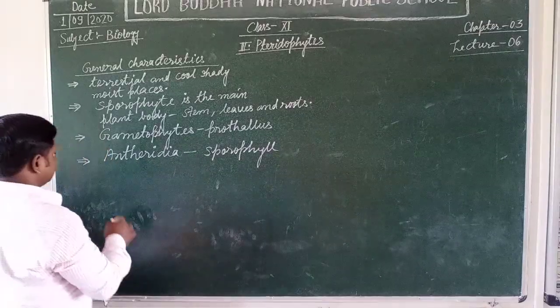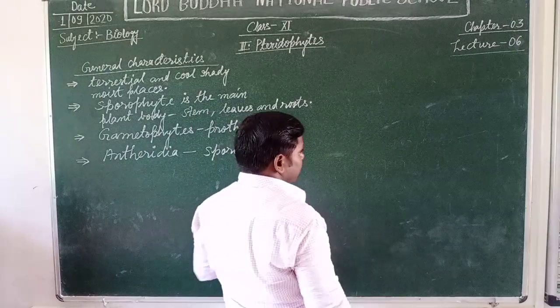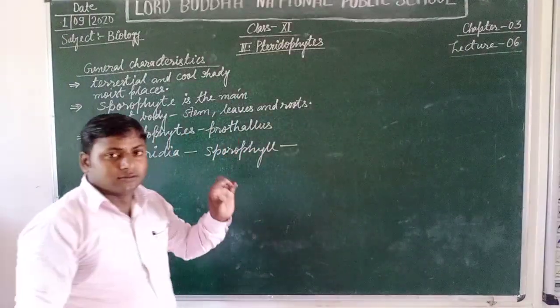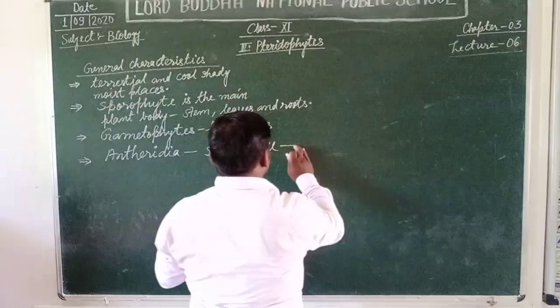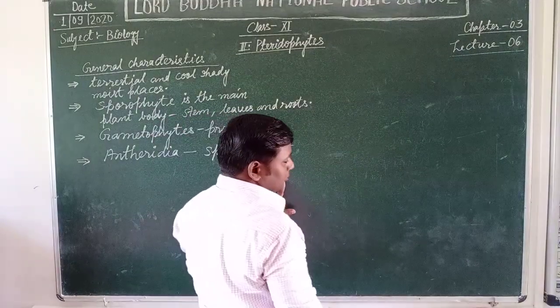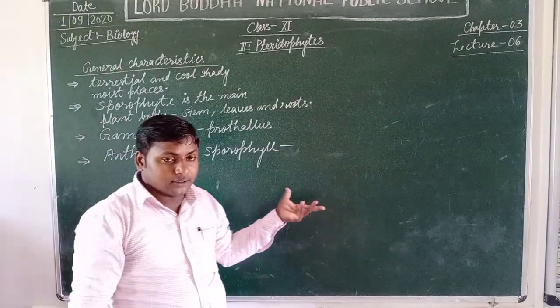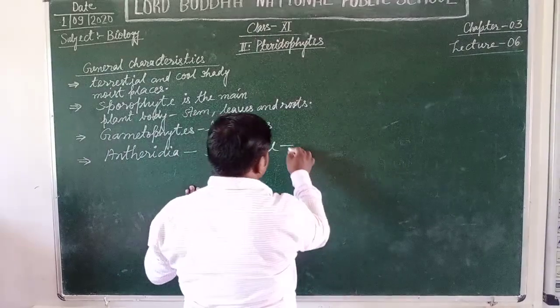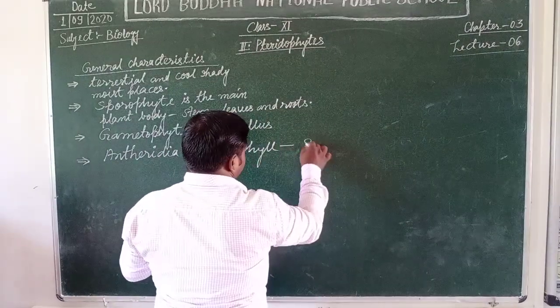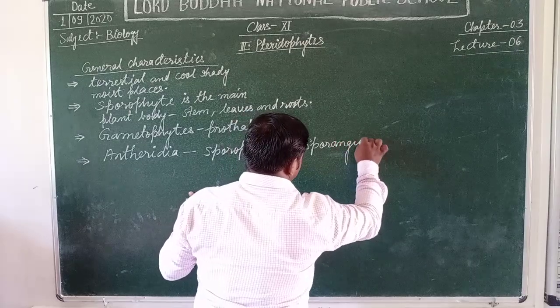Sporophylls bear a sac-like structure that contains a large number of spores, the male gametes called antheridia, and the sac is called sporangia.